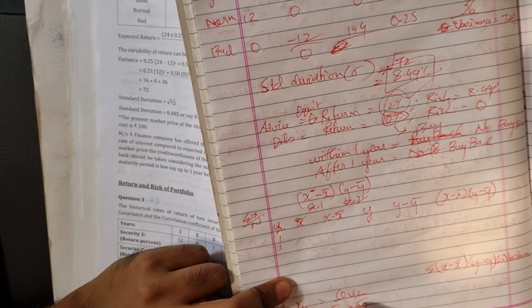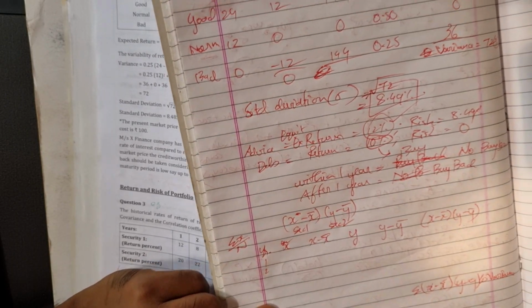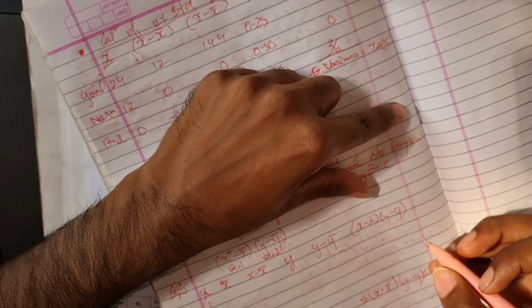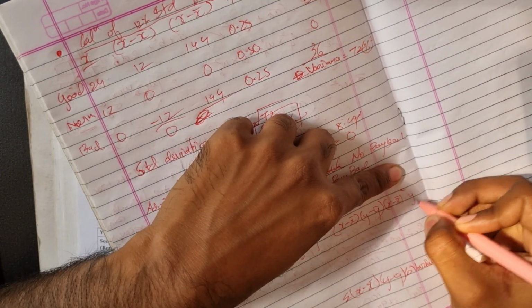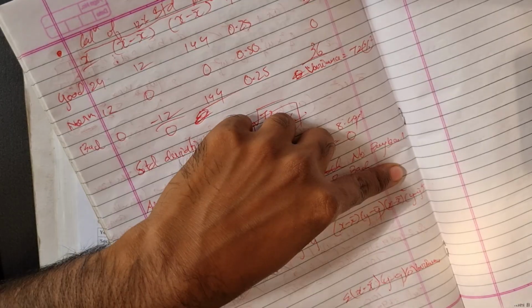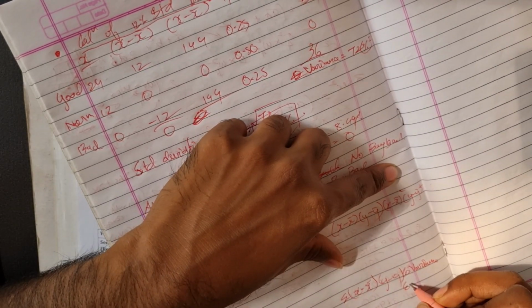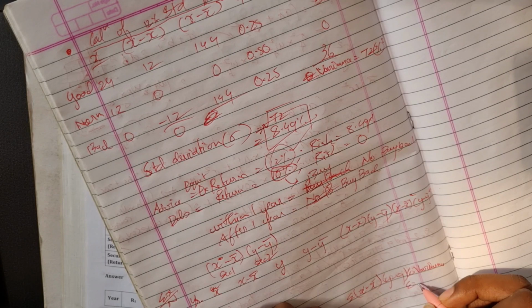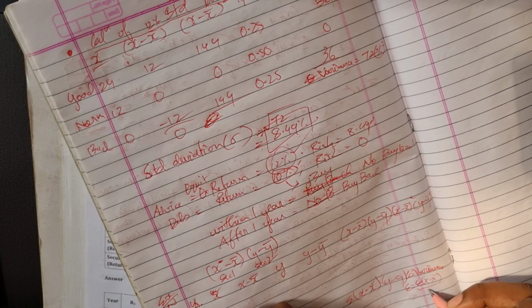So we have COV 1,2, but we need the standard deviation of both the securities. So how will we do it? We do it by the square of x minus x bar, the square of y minus y bar. We'll take the total of it. Summation of x minus x bar squared divided by n.